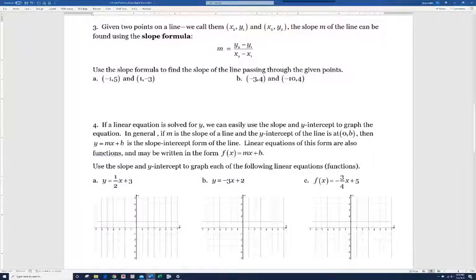Now I usually just say y2 minus y1 over x2 minus x1. Don't let these little subscripts bother you or trouble you. This is just the first point, and y1 is just the y value of the first point. This is the second point, or what I'm calling my second point, and x sub 2 is just the x value of the second point.